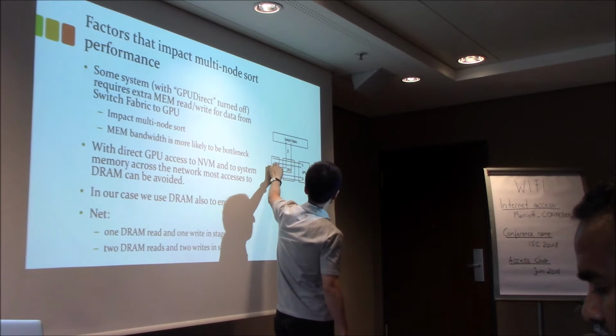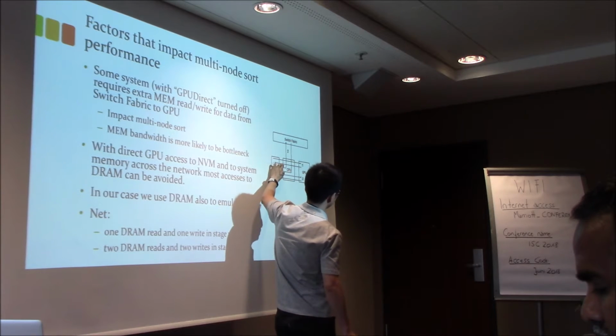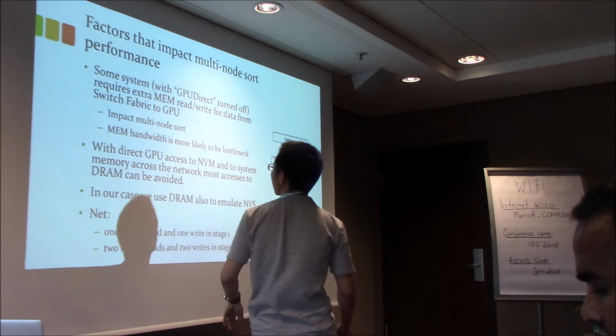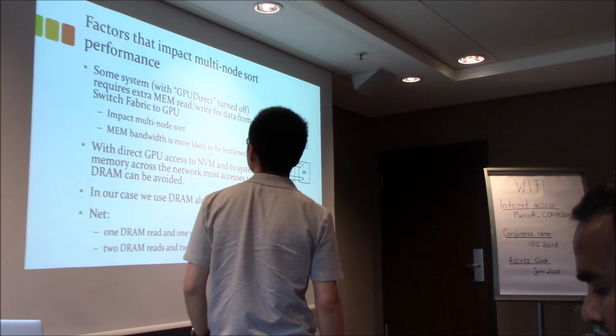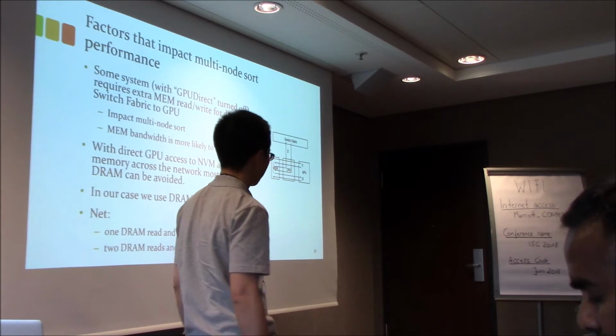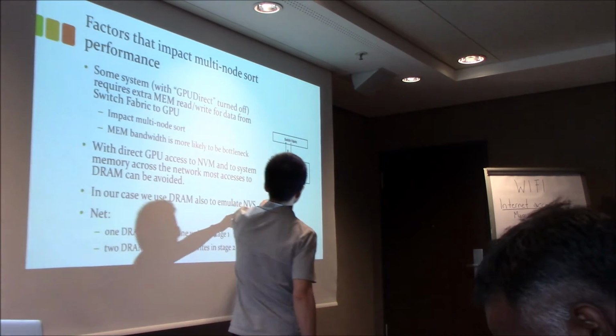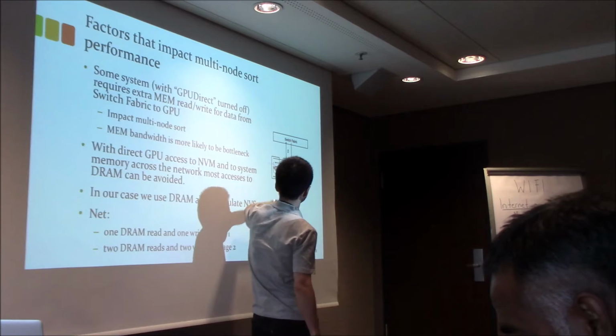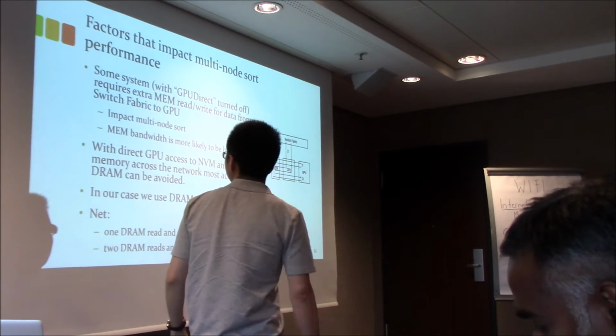So this incurs additional memory reads and writes. In this case, memory bandwidth is more likely to be the bottleneck, as there are many reads and writes going on here.